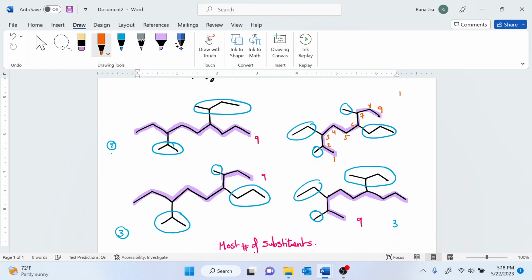So the ending is going to be nonane. And then this is a propyl, this is ethyl, and you have the two methyls on carbons 2 and 7. So I'm going to start with the ethyl on carbon number 3. And then on 2 and 7, I have a dimethyl. And then on 6, I have a propyl, and then nonane.